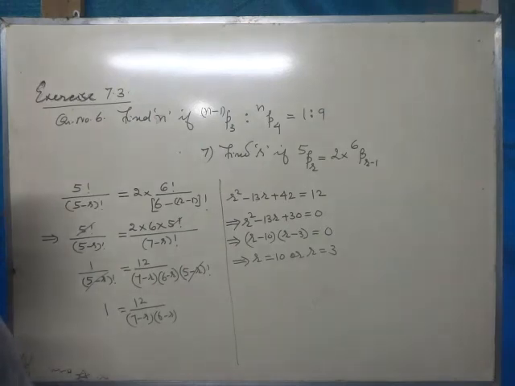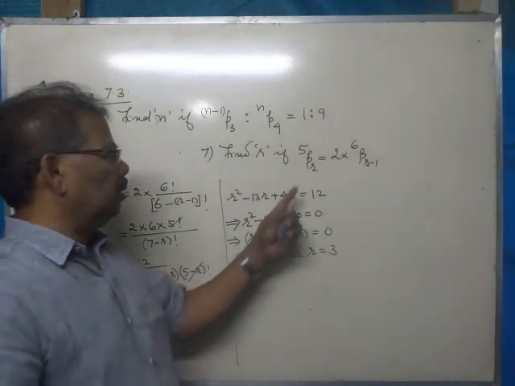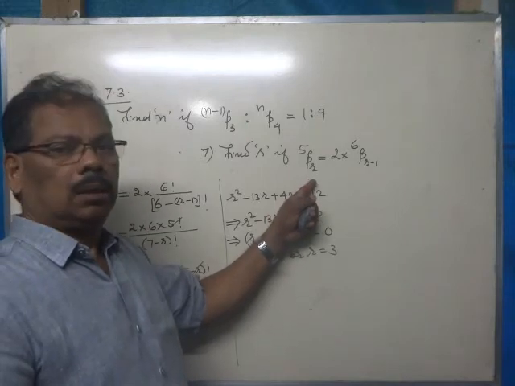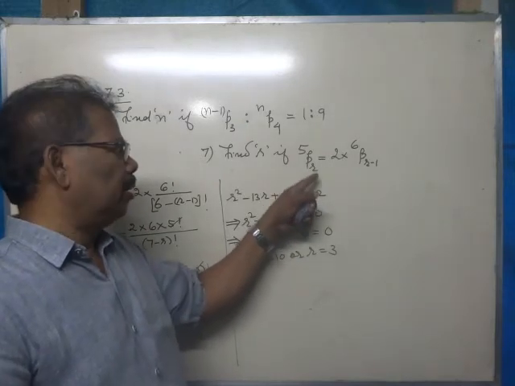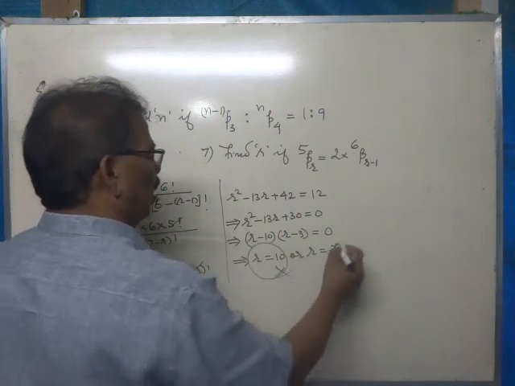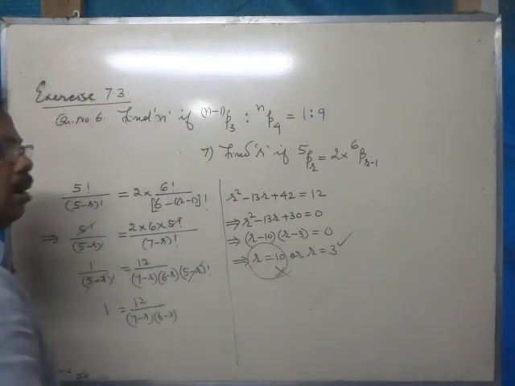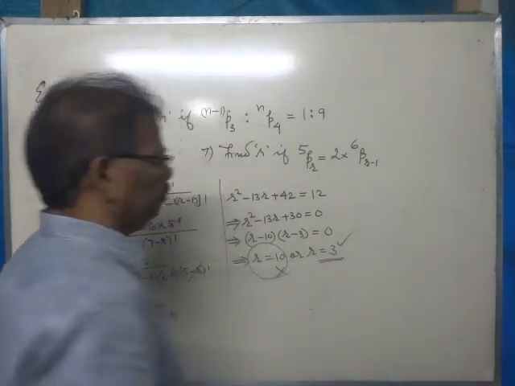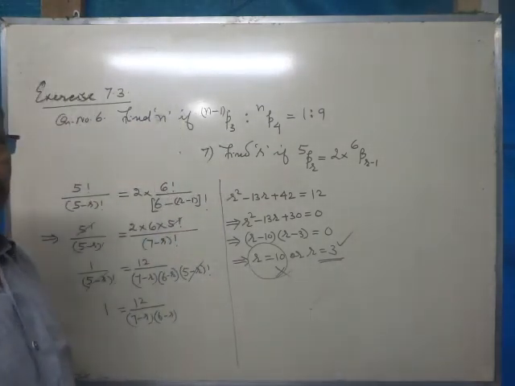But when we consider 5Pr, this r can never be 10. r will be less than n. Therefore, r equals 10 is impossible, and the value of r is 3.